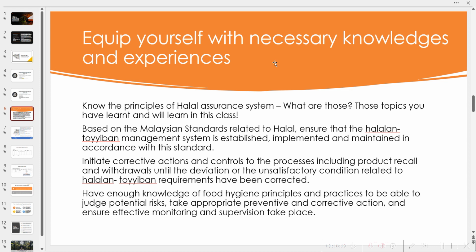So, what do we need to carry out a corrective action? Definitely, equip your knowledge and experience. Ada dekat situ. You have to know the principles of the halal assurance system. What are those? Apa principle halal assurance system? How many of them?